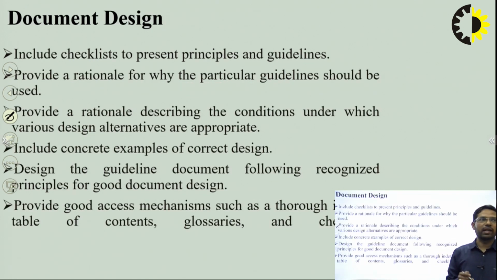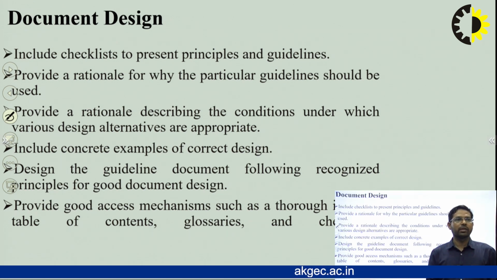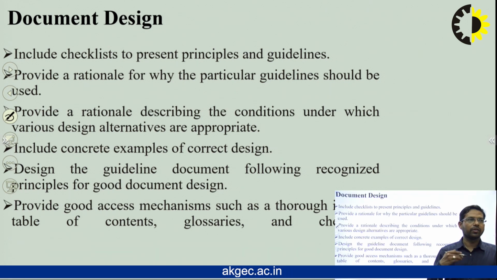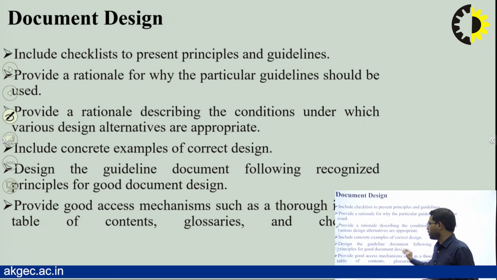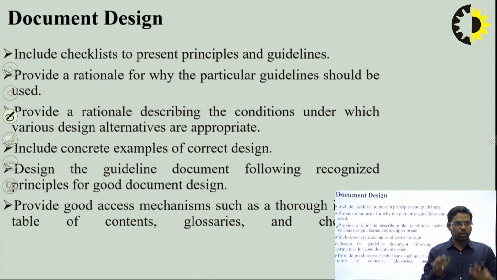Document design, finally, is a checklist to present principles and guidelines. Provide a rationale for why a particular design should be used, provide a rationale describing the conditions under which various design alternatives are appropriate, include concrete examples of the current design, and design the guidelines document following recognized principles of good design.